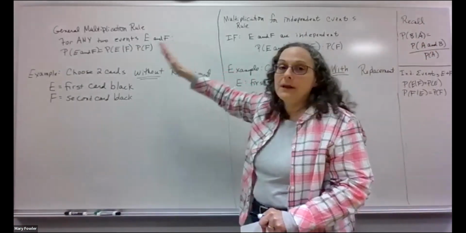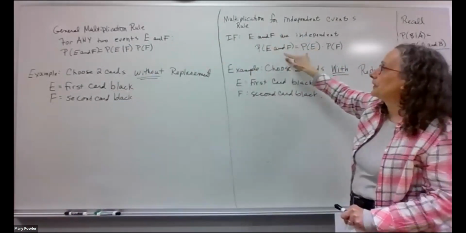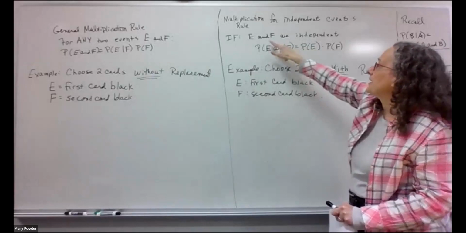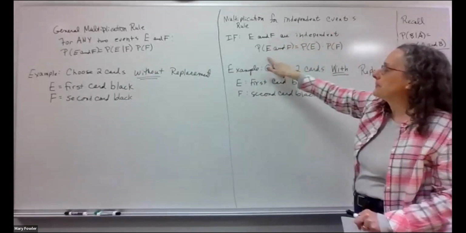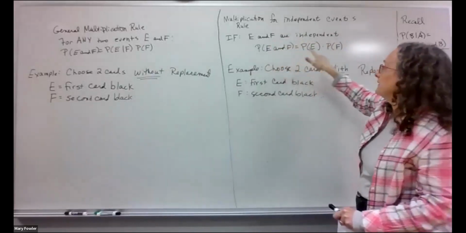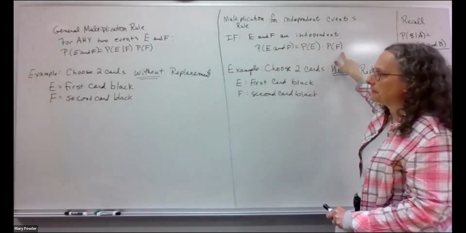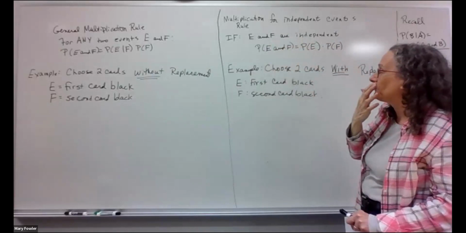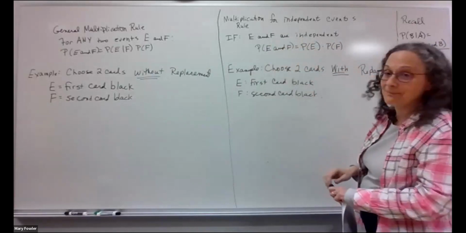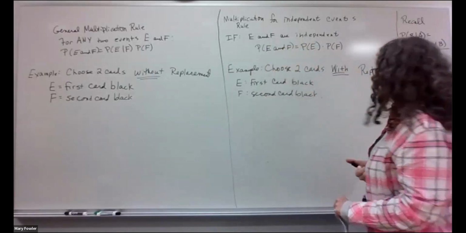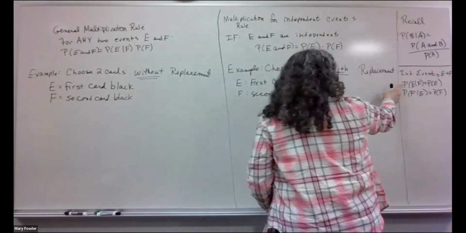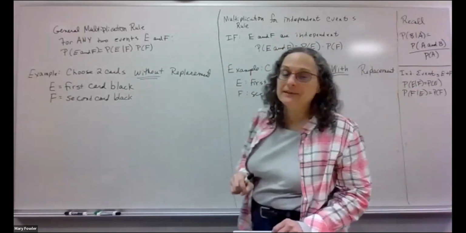And in contrast, we have a multiplication rule for independent events. If E and F are independent, then the probability of E and F is the probability of E times the probability of F. Okay. That follows pretty directly from the definition of independent events.